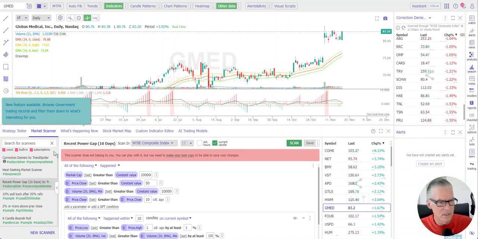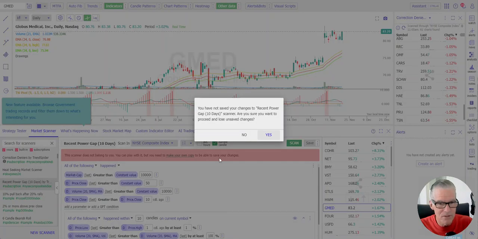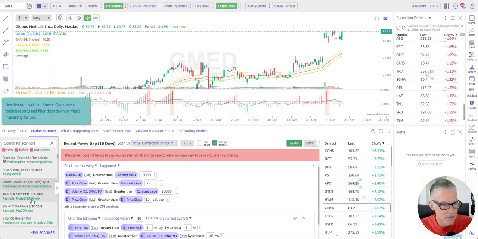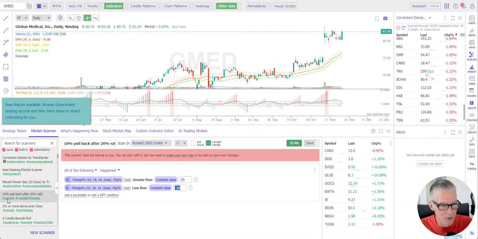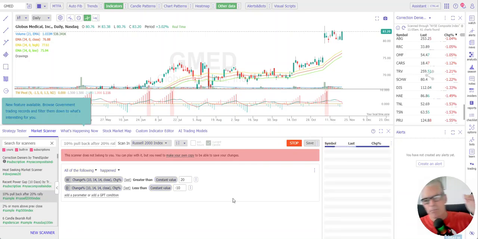The other one I wanted to show you is, let's see, where is it now? It's this 10% pullback. Oh, this is click yes. 10% pullback after a 20% rally. So this is interesting. We run the scan and we'll let it populate. These are stocks that have gone up 20% from I don't know where, but in the last couple of months, it has rallied 20.